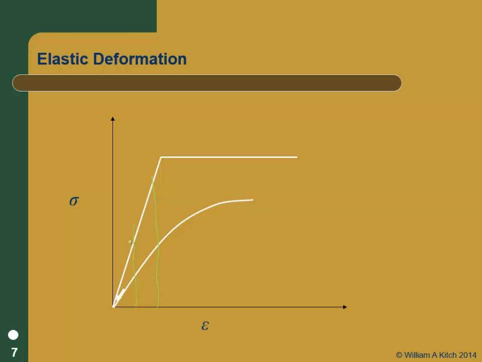With the linear one, these delta epsilons are the same, and I'm going to get a delta sigma here, and these two will be the same too, because it's linear elastic. By superimposing things, I could take the change here first, and then take the change there, and add them together. I'm still going to get 2 delta sigma. It doesn't matter which way I do it, I'm going to end up with the same amount. In fact, these don't even have to be the same.